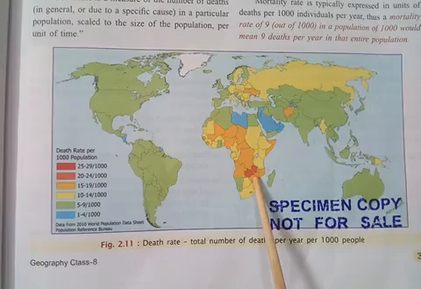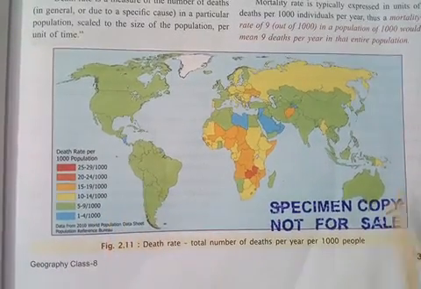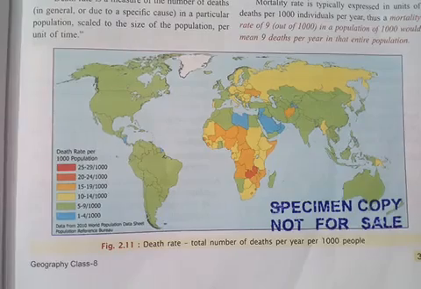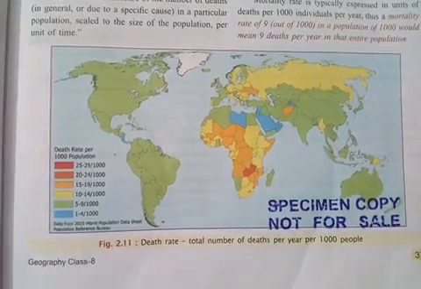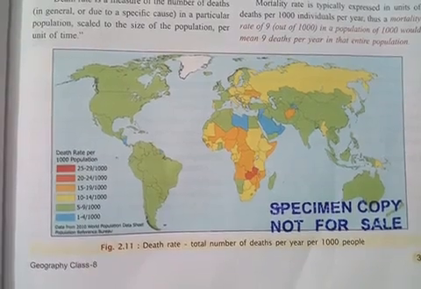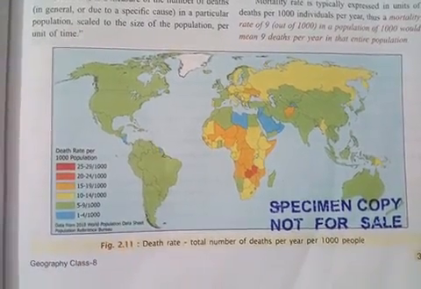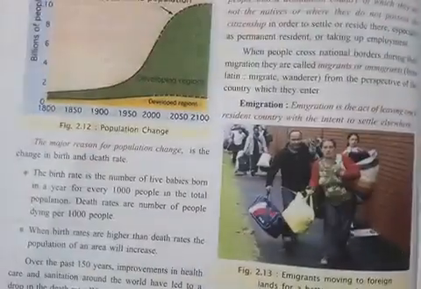That is the highest. So this is how the map shows the death rate, the mortality rate, based on the data of the 2010 World Population Data Sheet. Now let's move on to see the population change.